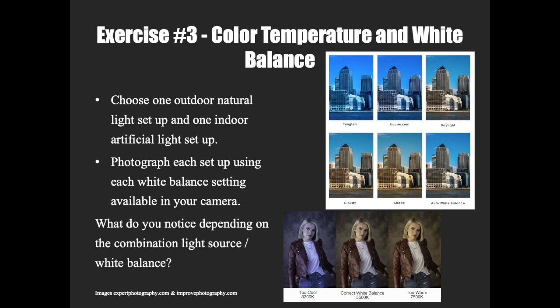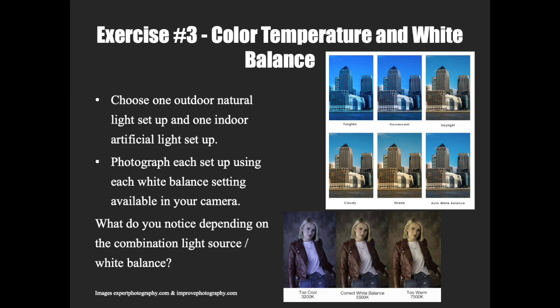The last exercise will help you understand the color temperature and the white balance in your camera. So for this exercise, I want you to choose one outdoor natural light setup and one indoor artificial light setup. And I want you to photograph each setup using each white balance setting available in your camera.